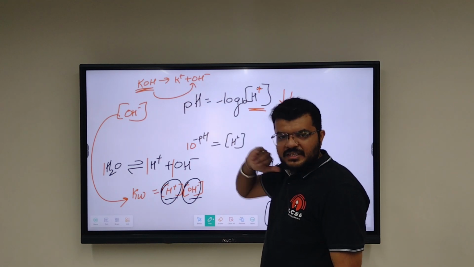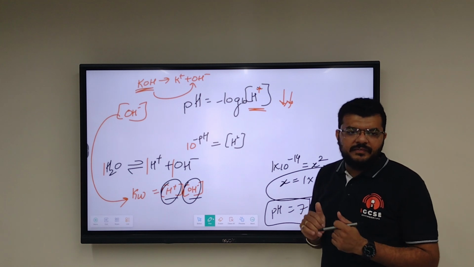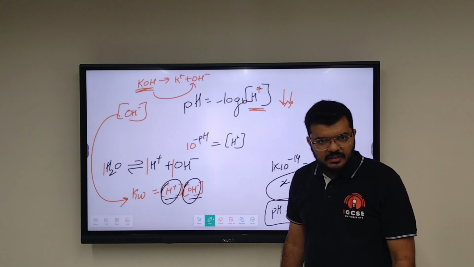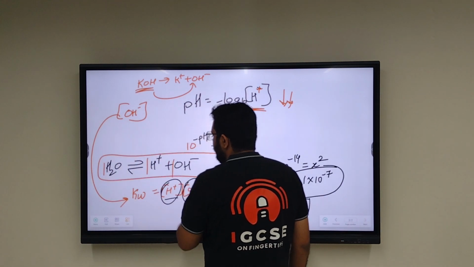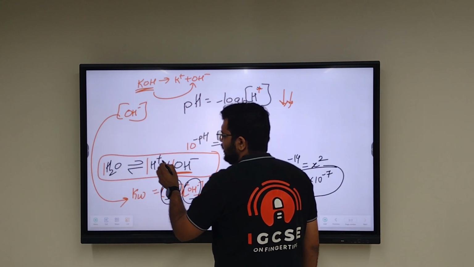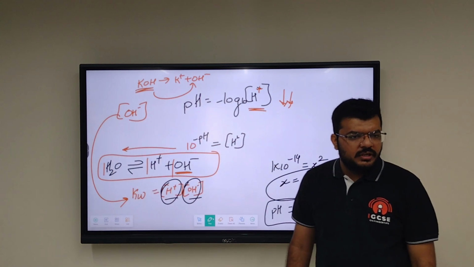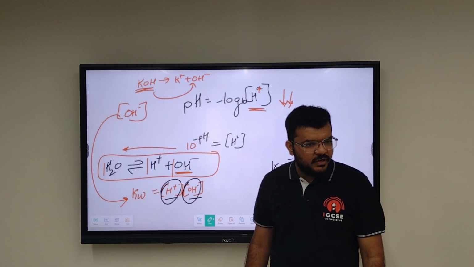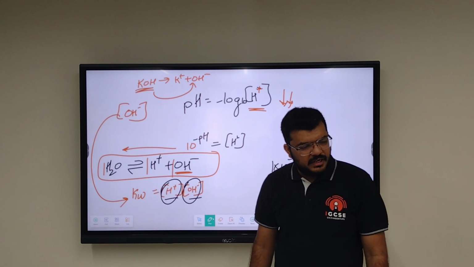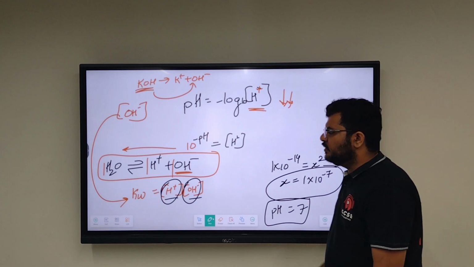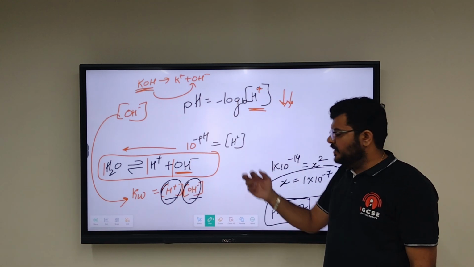If OH minus ions increase, the H plus ions are comparatively less. If I increase the OH minus ion, because there is an equilibrium, the equilibrium will shift to the left. Because it shifts to the left, the H plus ion concentration will also decrease, right? And hence you can use Kw, find H plus and then find pH.